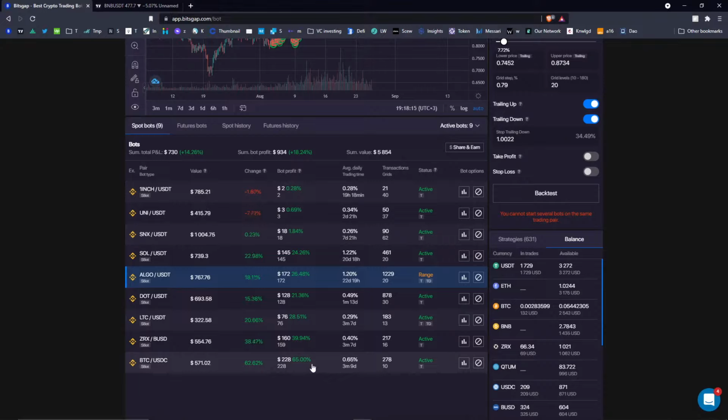Of course, the major metric here is the change, because no matter if your bot made 1%, 10% of the return, if your change is negative, then the whole investment is in the negative zone. It's in a loss pretty much.